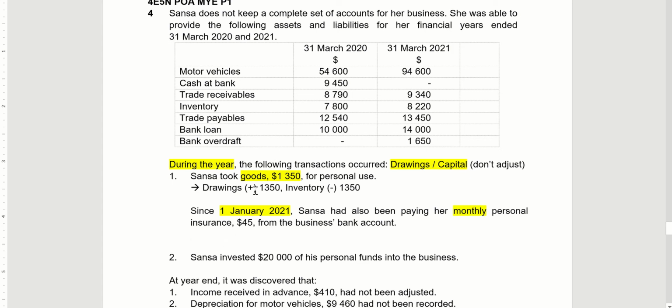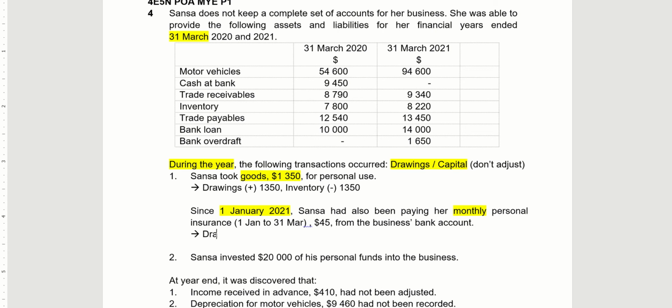It is not. The year end is 31st of March. So it only means that she has been paying for her monthly personal insurance from 1st of January to 31st of March. That is the first thing that you need to take note of.